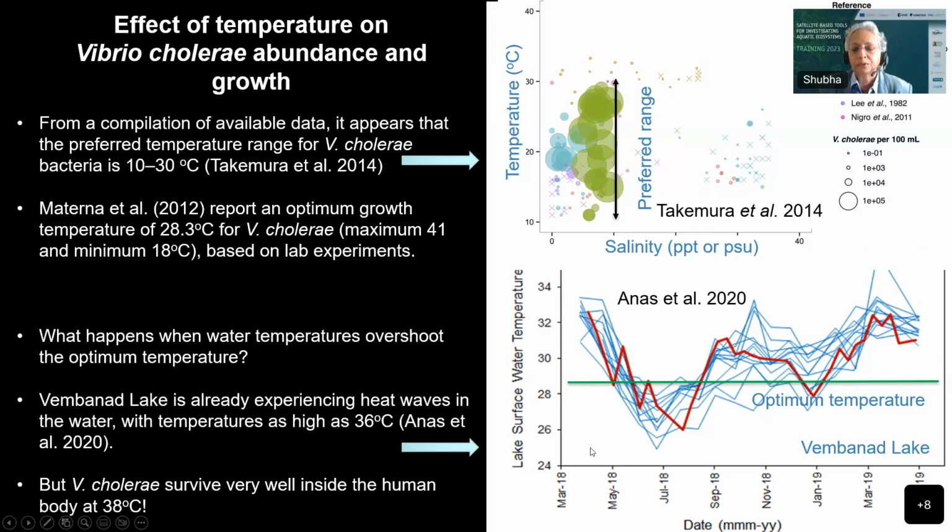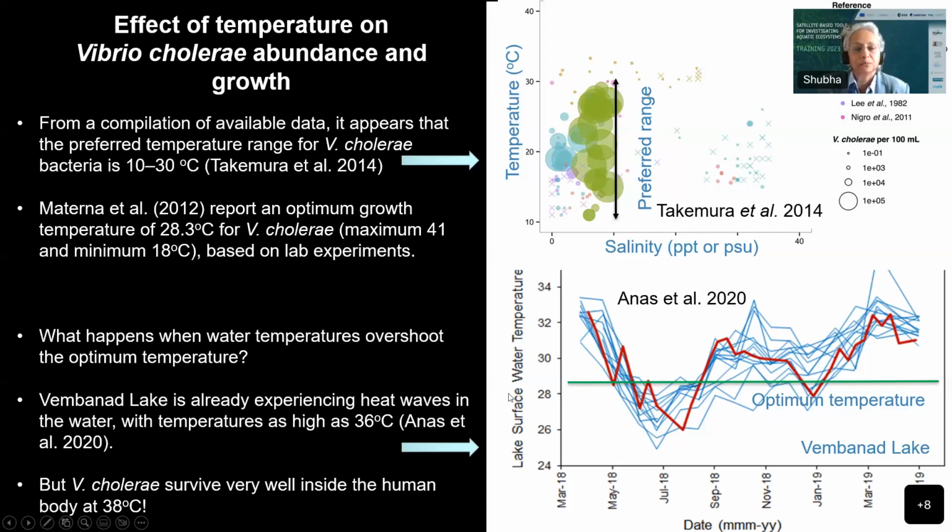So this is a map of the seasonal variation in temperature in Vembanad Lake, our study area in Kerala that Stefano also referred to. In blue, we have in situ observations, and in red, satellite-based observations averaged for the whole lake. This is the optimal temperature for Vibrio growth as reported by Materna. And we see that the temperatures in Vembanad Lake are now already reaching very high values, maybe heat waves of up to 36 degrees.